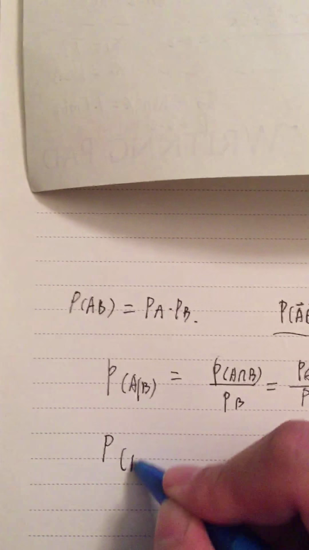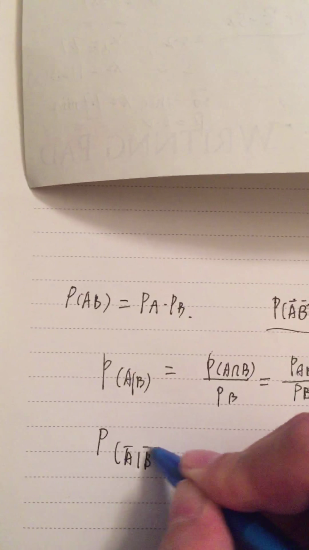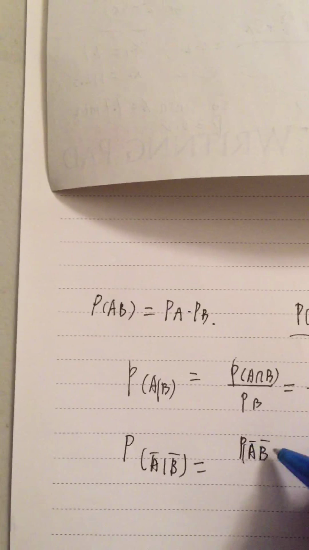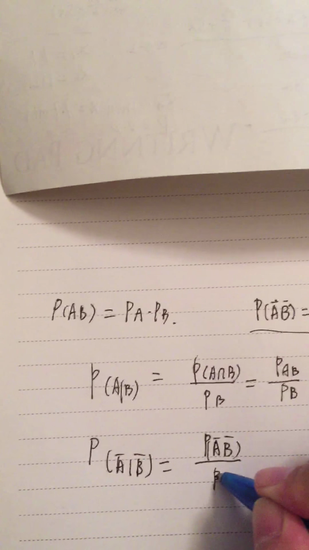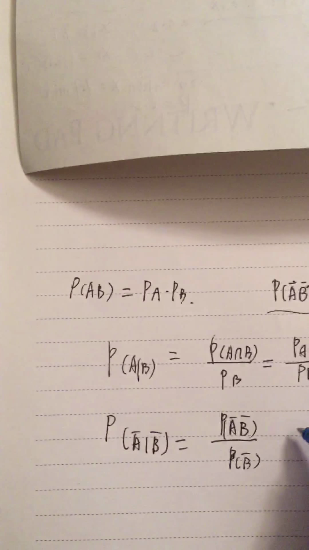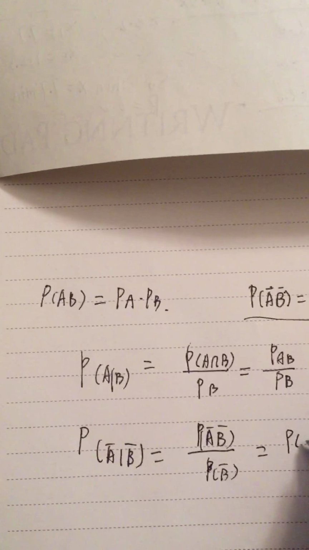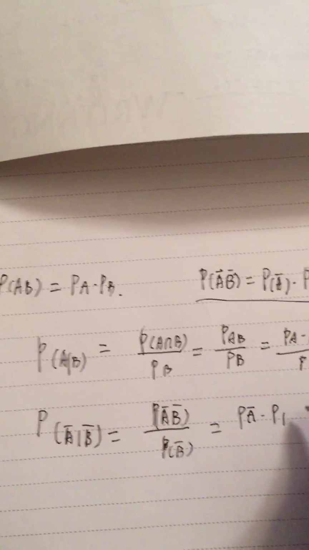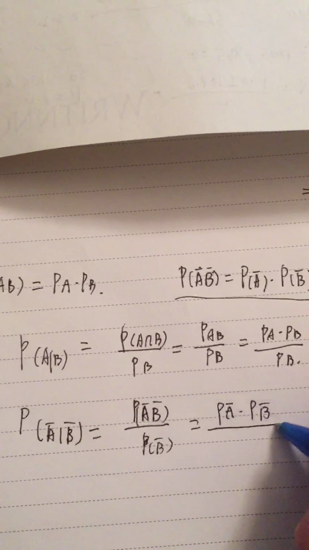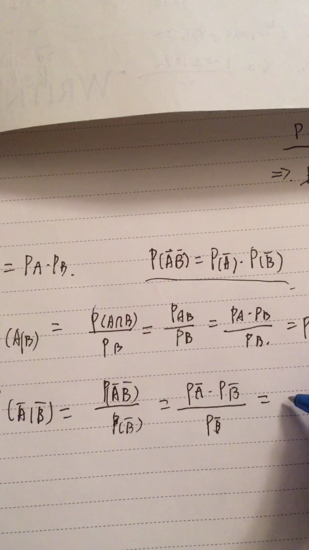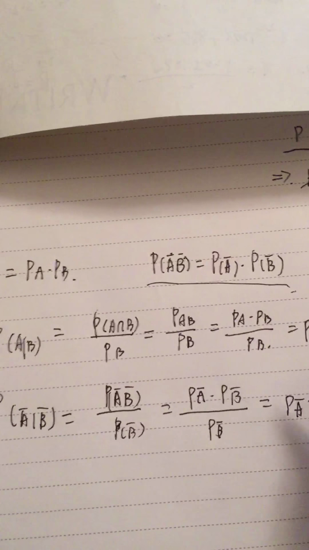Using this, we get P(not A given not B) is equal to P(not A not B) over P(not B), and this is P(not A) times P(not B) over P(not B), which is exactly P(not A).